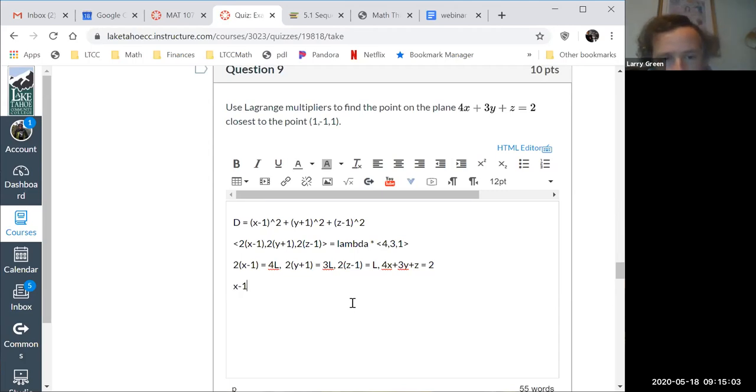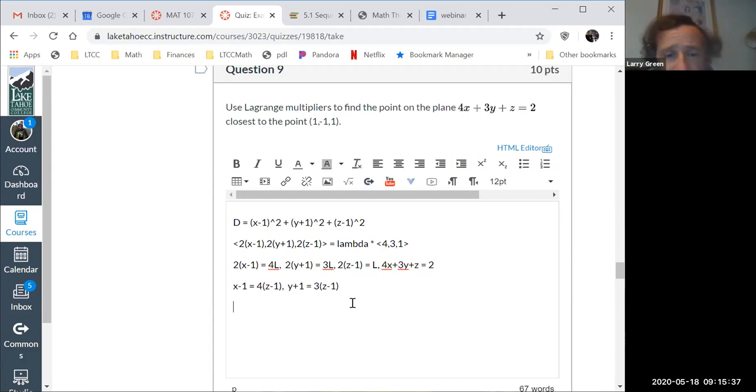So we get x minus 1 is equal to 4 times z minus 1. And then we also have y plus 1 is equal to 3 times z minus 1. Any questions so far?